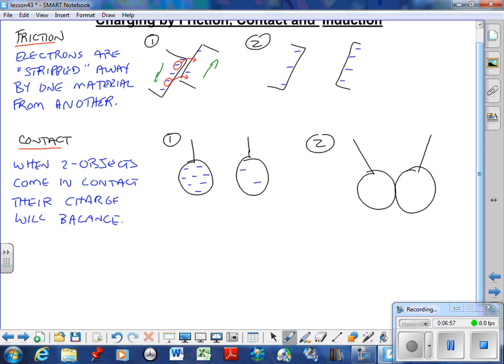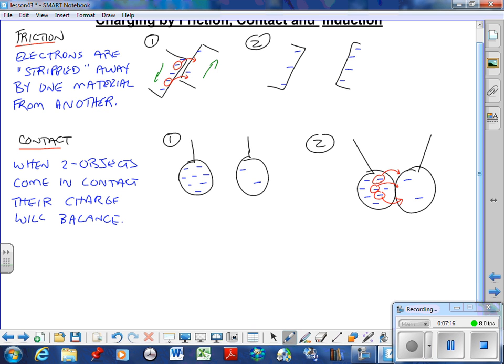And what happens, with 8 and 2, is that they're going to add themselves up and they're going to say, hey, there's 10 of us, that means everyone's going to get 5. So this electron will jump ship, this electron will jump ship, maybe that one will as well.